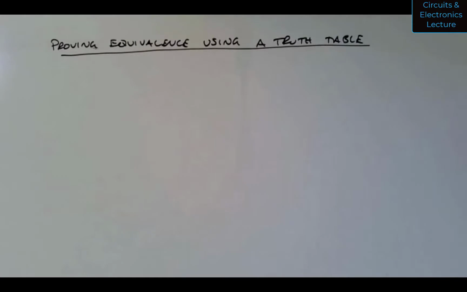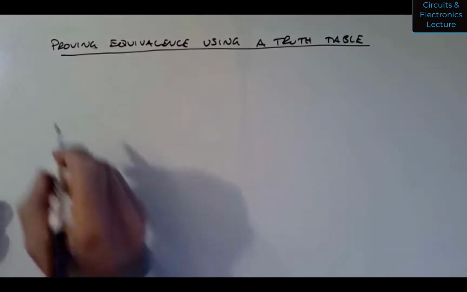One, you can demonstrate that Boolean expressions are equivalent, just like certain algebraic expressions are equivalent in regular algebra. And also that Boolean expressions can be reduced to a simpler form. And this is a way to prove that, and it's also an exercise to start practicing with Boolean variables.